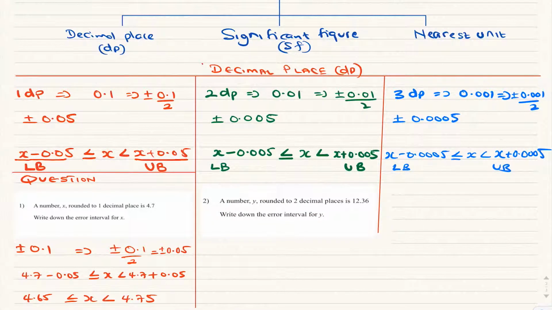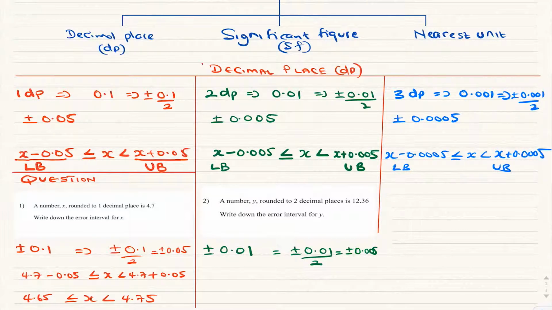Question 2. A number y rounded to 2 decimal places is 12.36. Write down the error interval for y. Likewise, since we're using 2 decimal places, the bound is going to be plus or minus 0.01, and then we divide that by 2 to get the bound, so it will be plus or minus 0.01 divided by 2, and that will give us plus or minus 0.005.